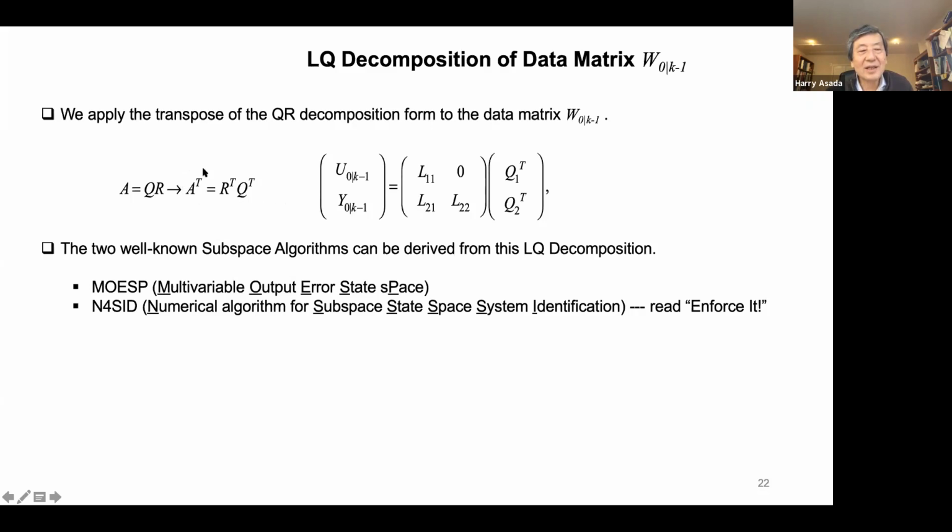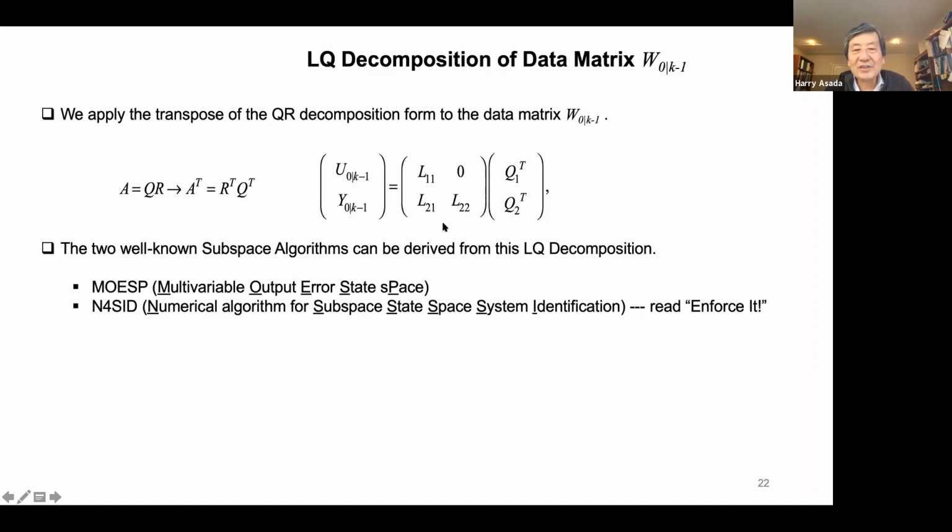Let's relate the A transpose to our data matrix, and R is basically an upper triangular matrix, which turns out to be a lower triangular matrix after transposing. So we put it in this way, and the zero sitting here, which is very important, and the Q transpose is sitting here in this way.